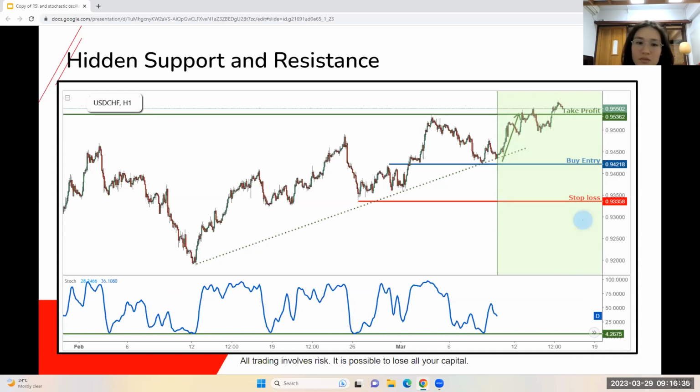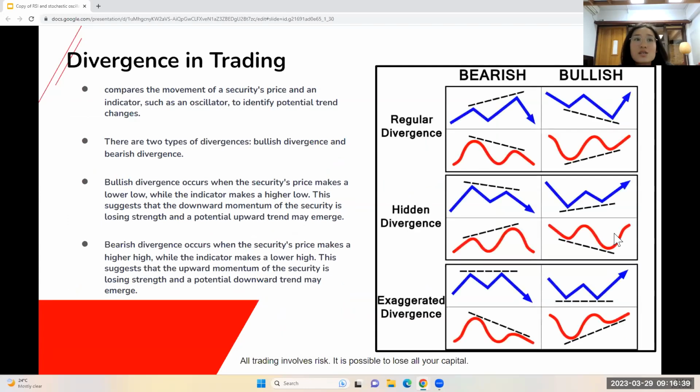Okay. So now let's move on to divergence in trading. Previously, in the previous few slides, we talked about hidden support and resistance. Now we're going to be talking about divergence. They're both pretty important concepts to understand for RSI and stochastic oscillators.